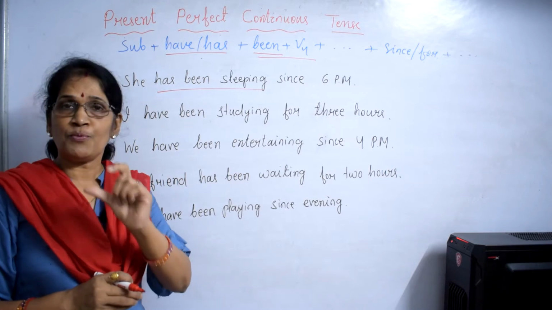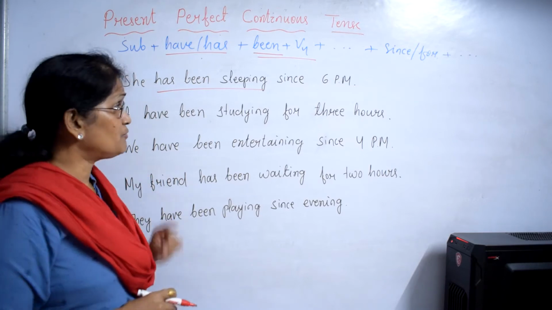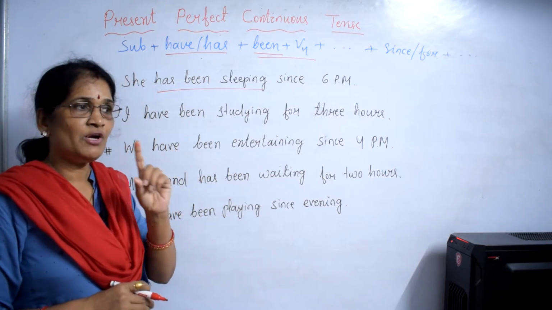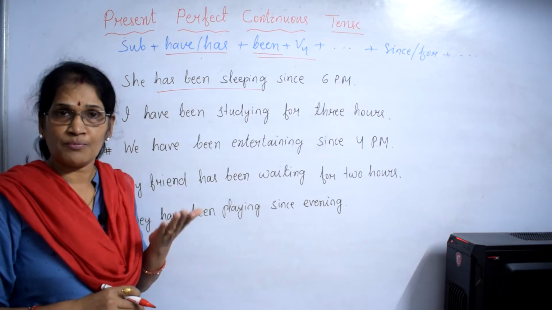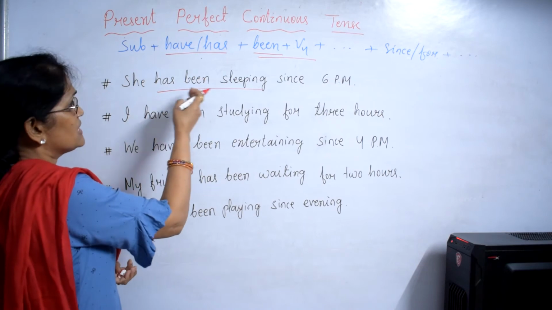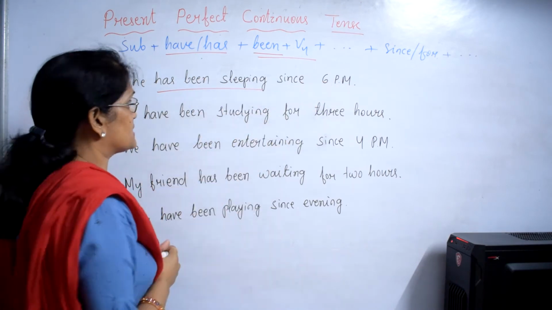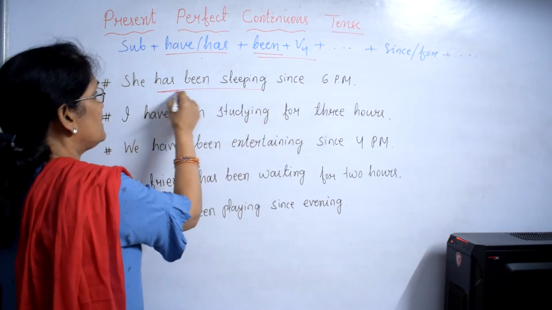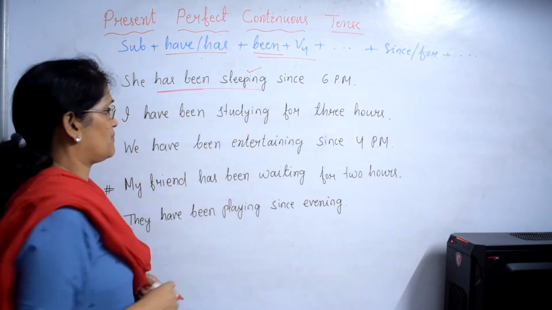Verb is the most important part in tense. If you understand verb, there will not be any difficult trouble to get tense. She has been sleeping since 6 p.m. Okay, has been, then ing form of a verb.